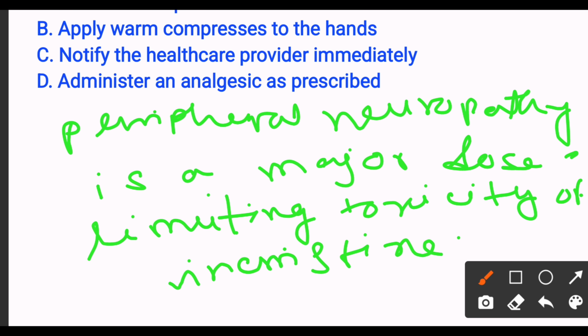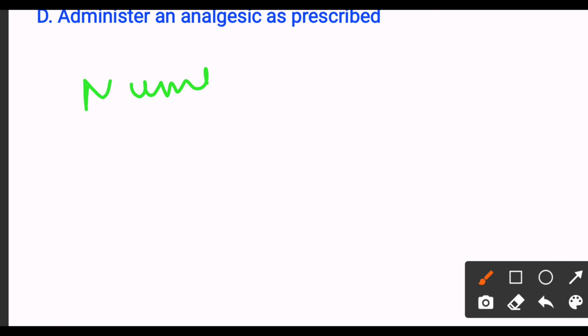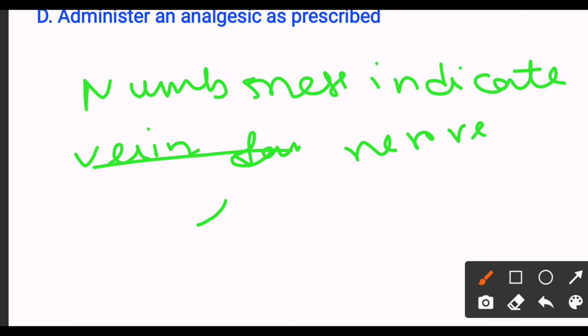Numbness indicates nerve damage. The medication may need to be stopped or the dose adjusted to prevent permanent neurological defects.